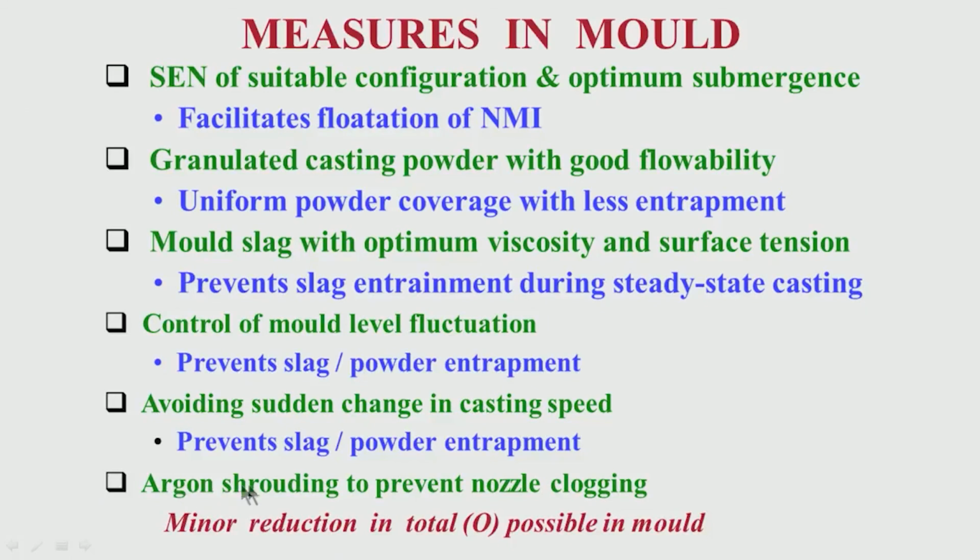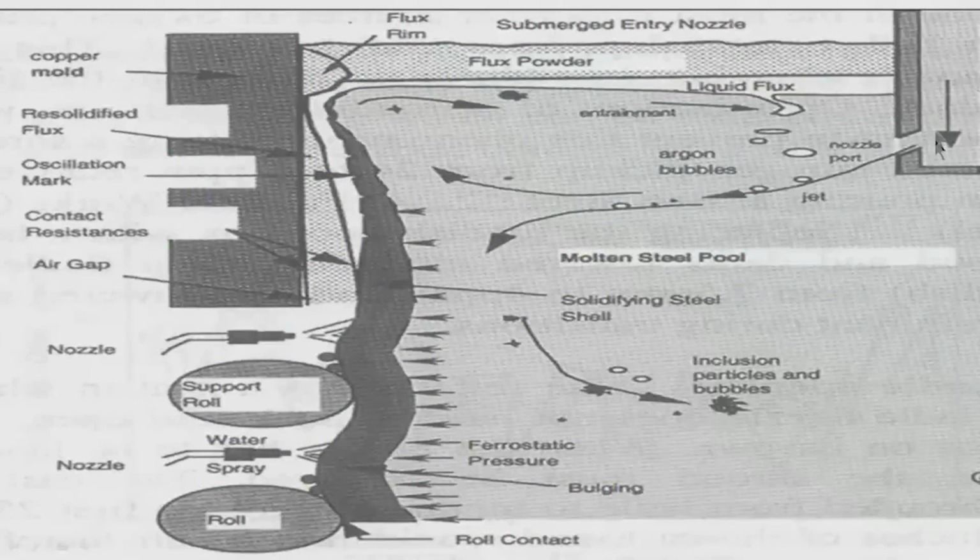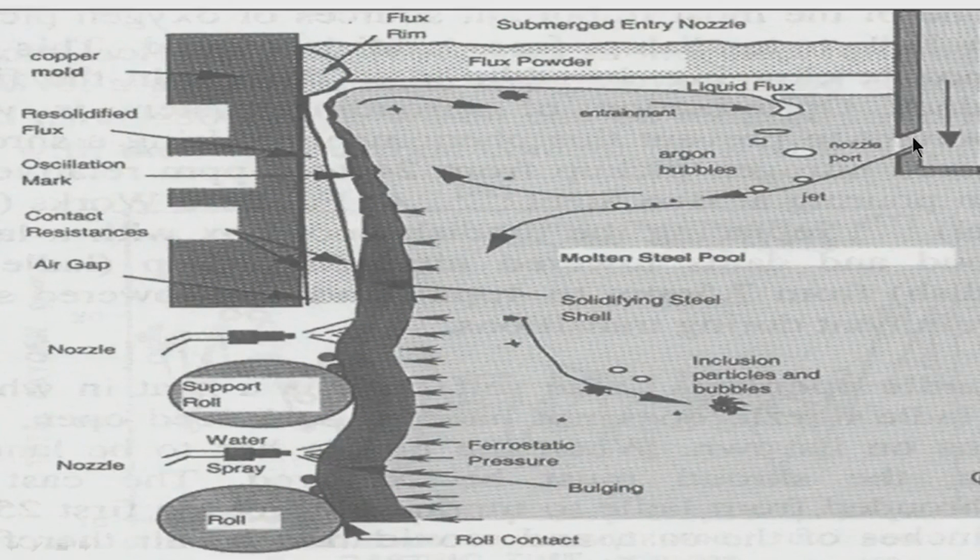Then, as I have told, argon shrouding to prevent nozzle clogging is very, very important. If you do not use argon here, there is a possibility of clogging of these ports, as it happens from ladle to tundish, in the refractory nozzle port. Here also there is a possibility of clogging.